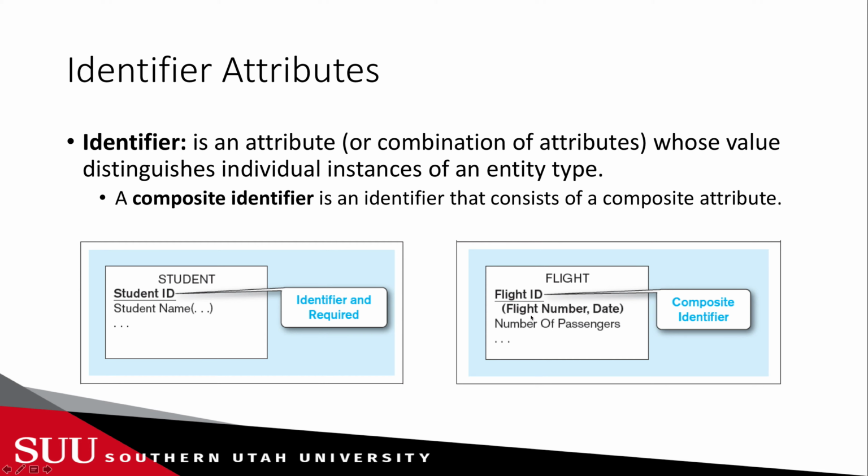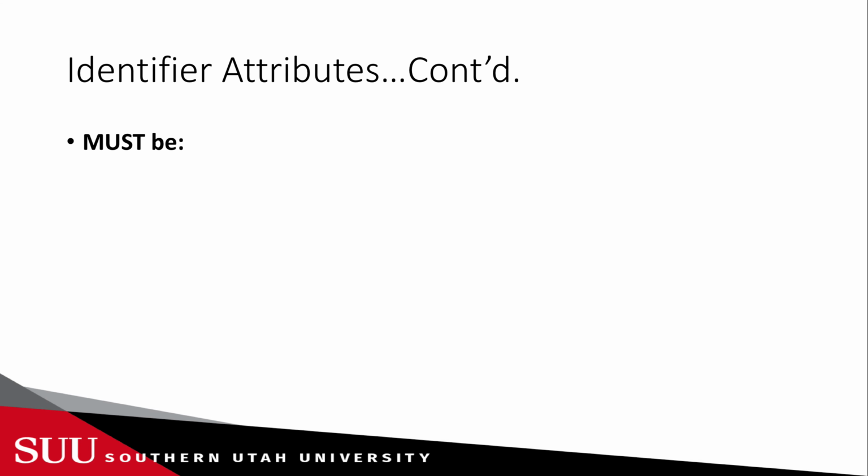If I have flight number, let's say 001, and the date is January 1st, and then I have another flight number 001, and the date is January 2nd, then those two flights are different. And this is going to be the composite identifier that is going to identify the flight for me.